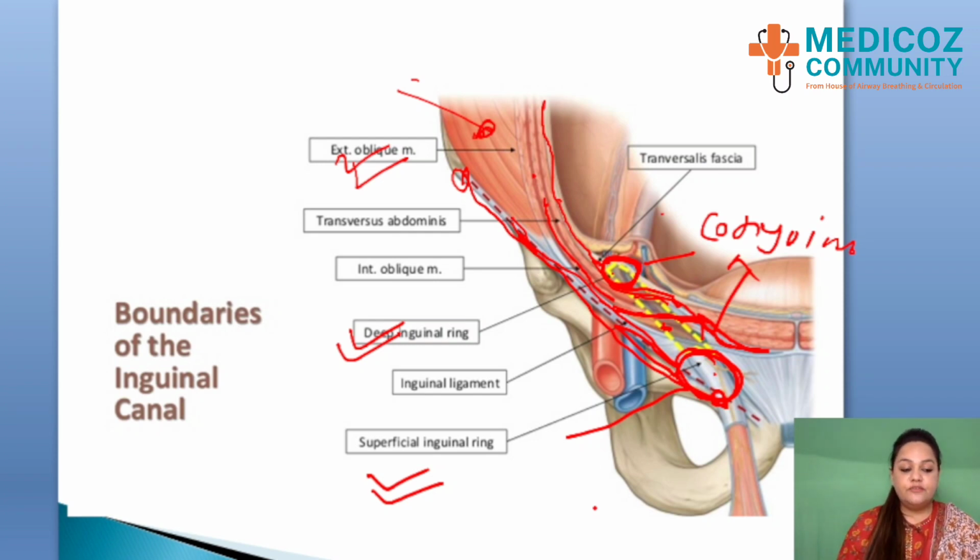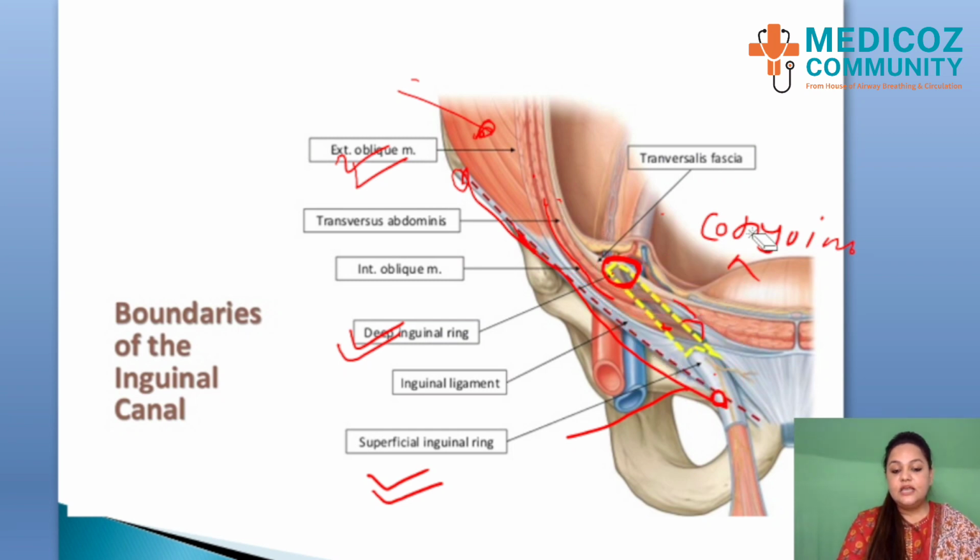So here we have a case of hernia which is lying medial to the inferior epigastric artery and just above the pubic tubercle. The hernia which is medial to the inferior epigastric artery and just above the pubic tubercle is the direct hernia, in which the abdominal contents bulge out through the superficial inguinal ring, and the hernia which occurs through the deep inguinal ring is called the indirect hernia.